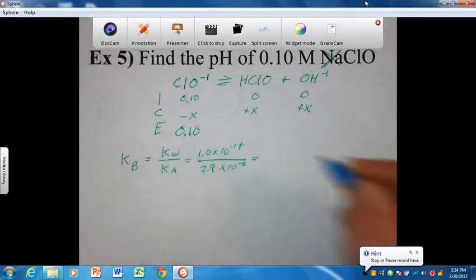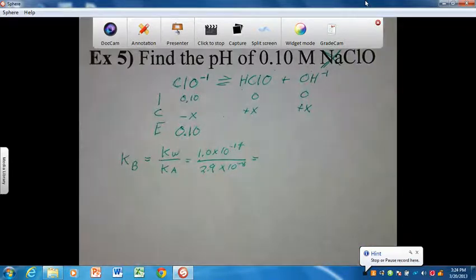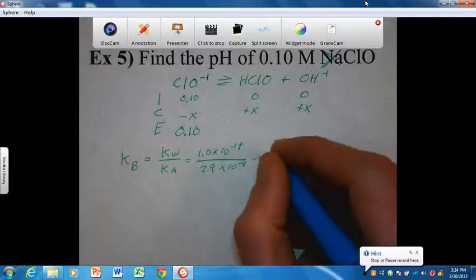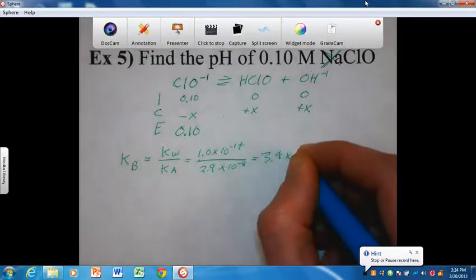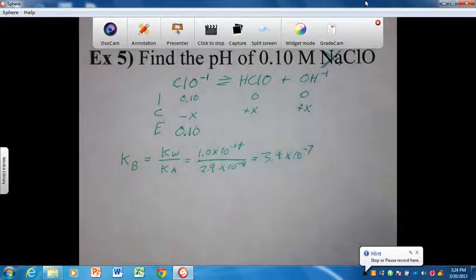Grabbing my calculator, I can tell that that product is 3.4 times 10 to the minus 7. That's the Kb value.